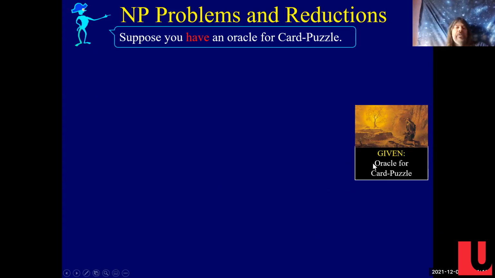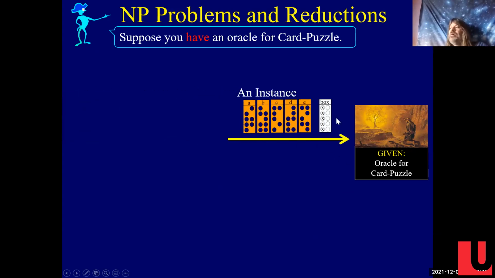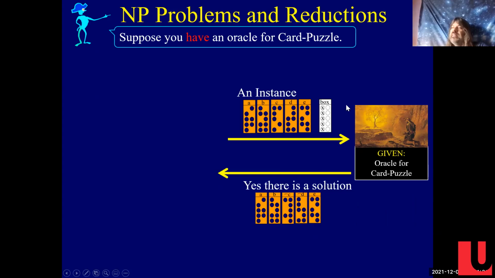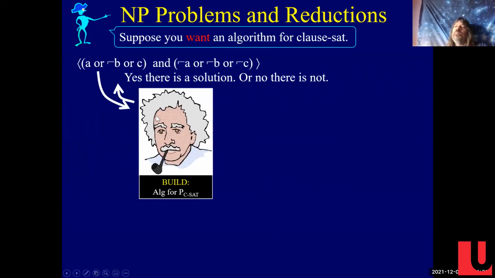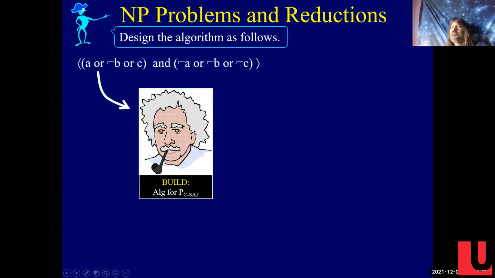Here's an algorithm: if you give it the cards, then the algorithm gives you the solution, right? And what do we do with that? We build from it a machine where you give me a bunch of clauses and I will tell you whether it's satisfiable or not, right?